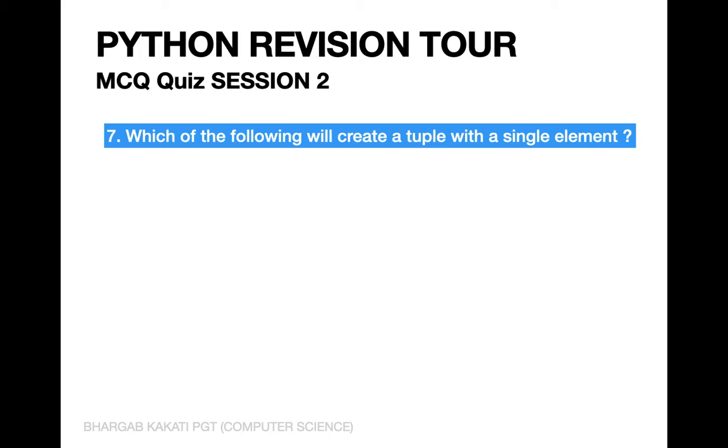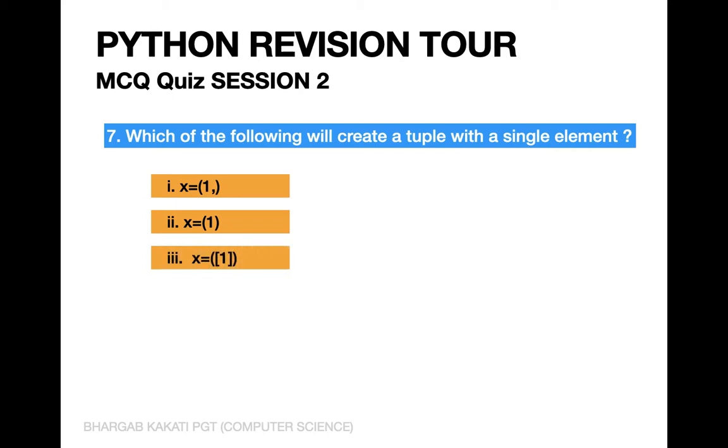Question number 7. Which of the following will create a tuple with a single element? So my work is to create a tuple with only one element. The first option is x equals to, within parenthesis, you know that parenthesis is the bracket used for tuple, 1 comma. Number 2, x equals to 1.